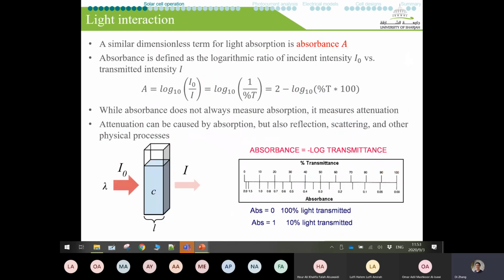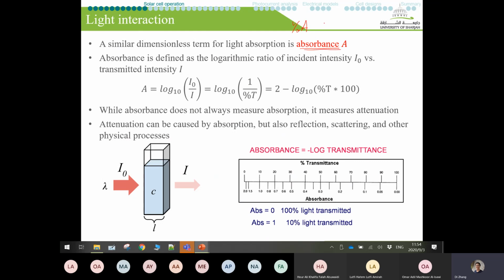Right, so the last point we would like to mention for the optical behavior is that if you read papers, sometimes they will mention another parameter that is very similar to the percentage absorption that we use here, but there is a certain difference. This term is called absorbance.